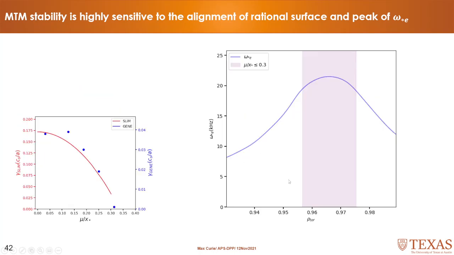Just to remind ourselves, mu over x star less than 0.3 is about the top 8% of omega star E, which is marked as the purple shaded area.